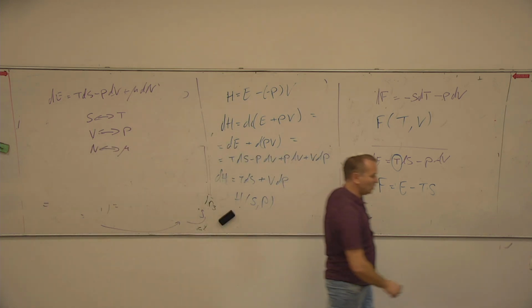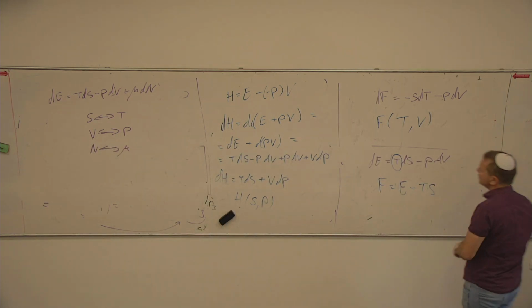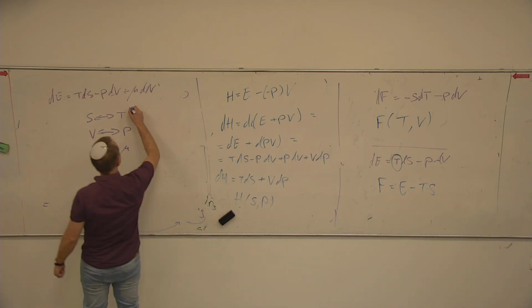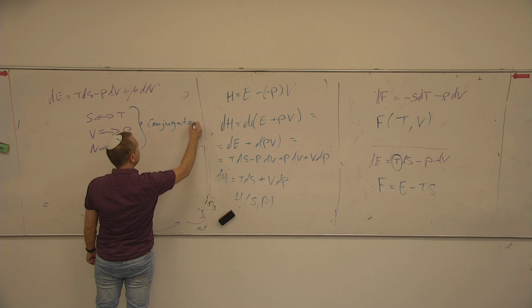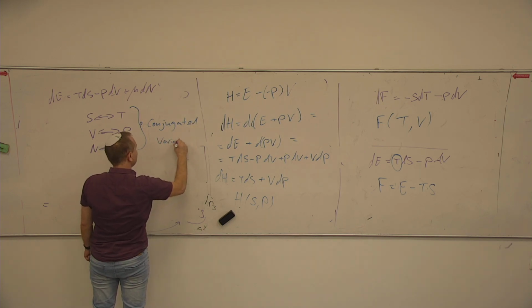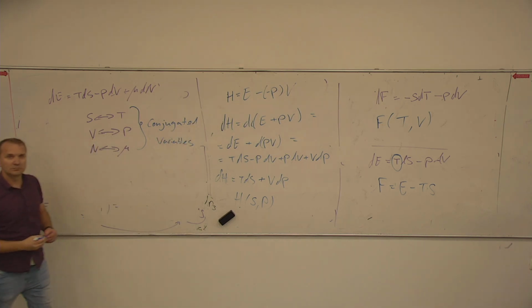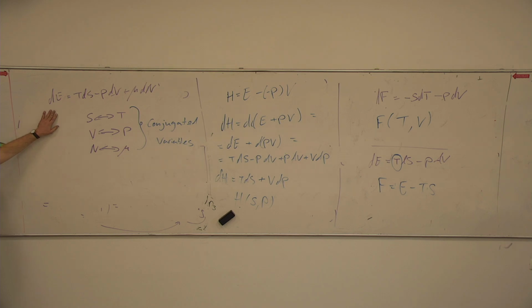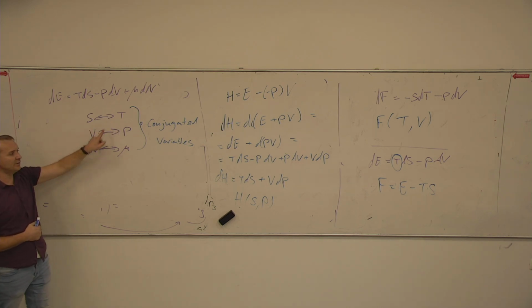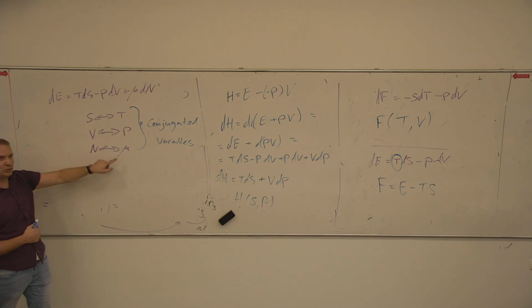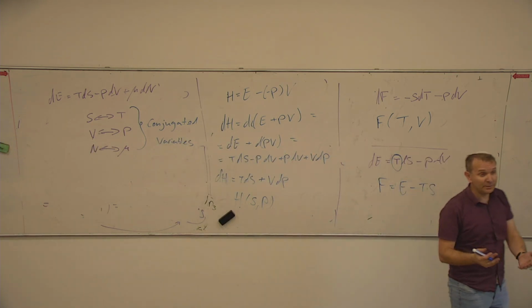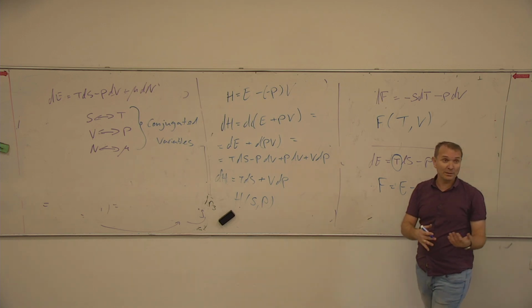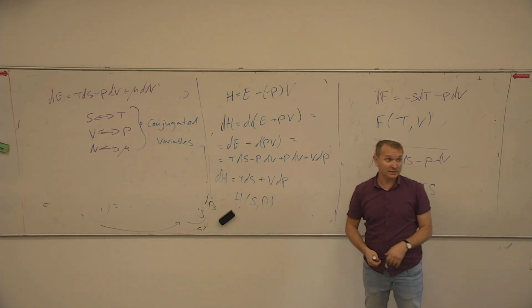Those are called conjugated variables. And you can pick up whatever variable that you prefer: either S or T, either V or P, either N or mu. Why? Well, it depends on the problem at hand. It depends exactly on what you want to describe and what you want to solve, etc.